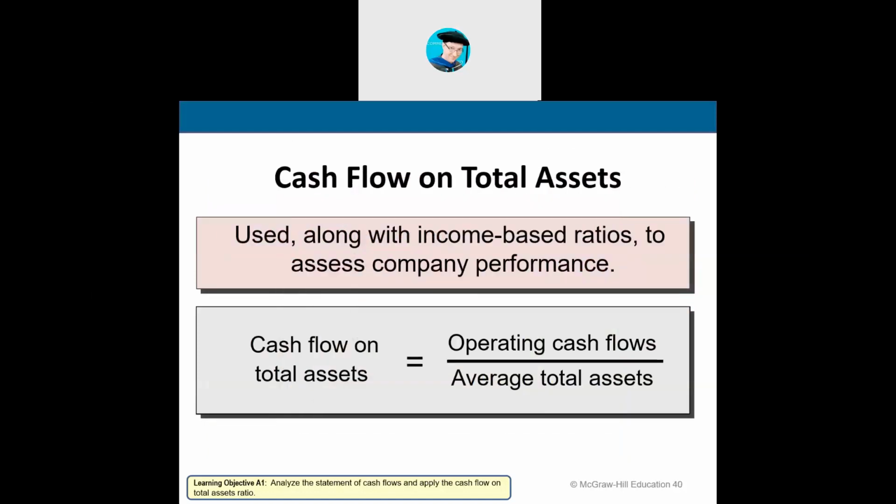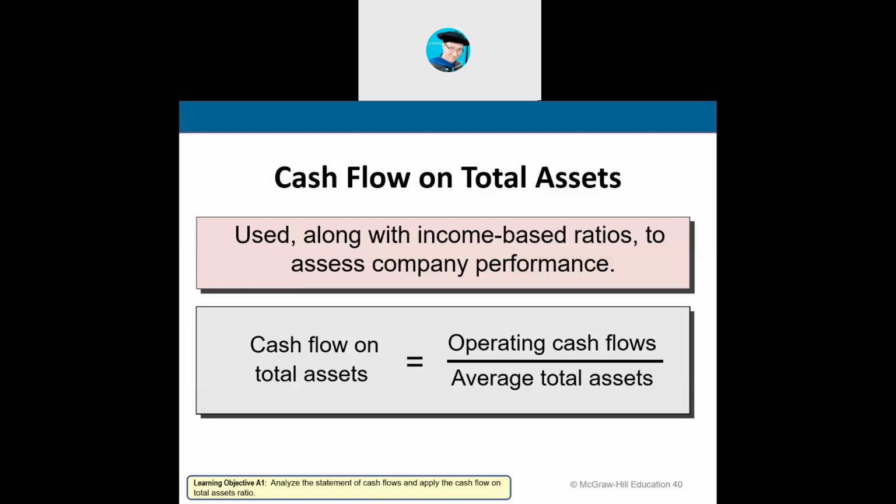One of the ratios most commonly used when we evaluate our cash flow is called the cash flow on total assets. It helps to assess the company's performance as it relates to using cash. To do that, we take our operating cash flows divided by average total assets.